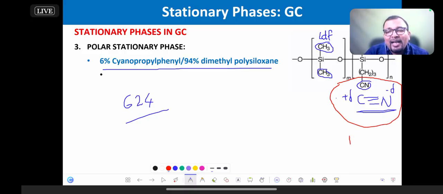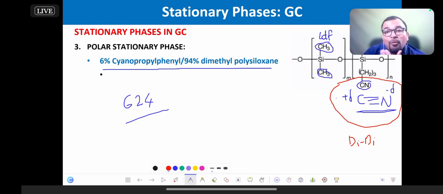Is dipole-dipole possible? Type in dipole-dipole. Now, what does this phenyl ring bring? What is the possibility because of the phenyl ring? Pi-pi interaction, which we saw last time. Pi-pi and another what? Hydrogen bonding. Type in HB for hydrogen bonding in the comment.